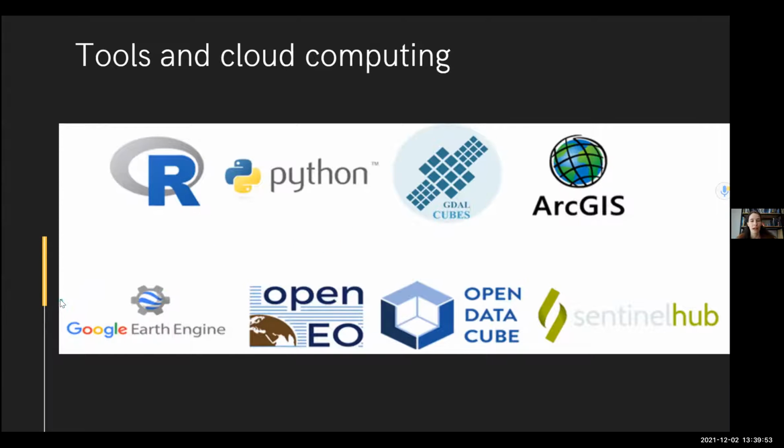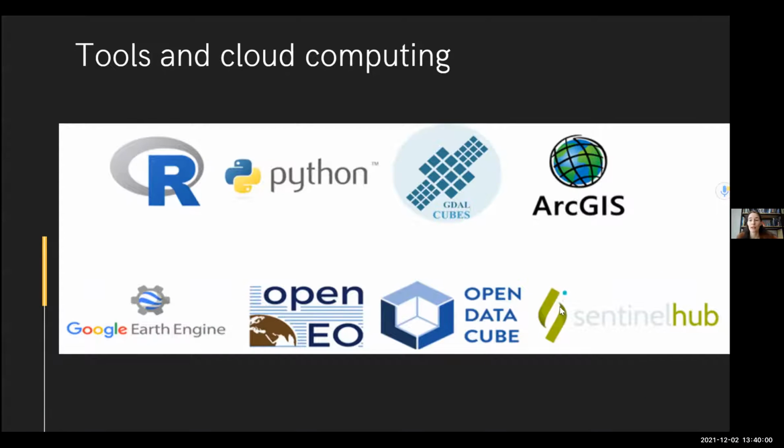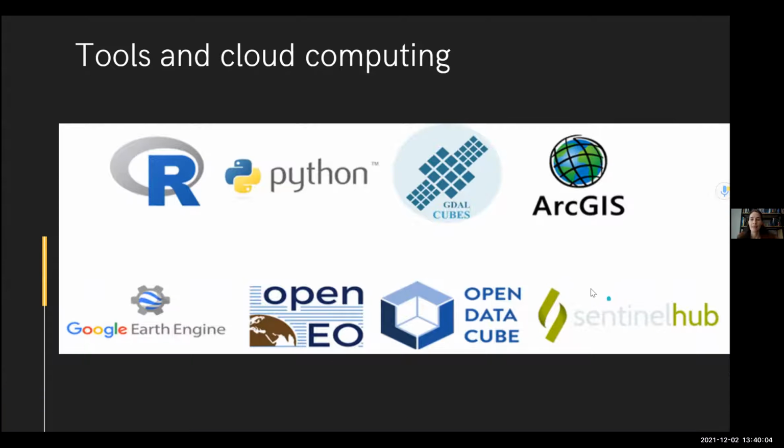And in the row below, we see different platforms. I already talked about Google Earth Engine. Also, I talked about Copernicus Hub, but we also have Sentinel Hub to access Sentinel images. And I want to talk about this initiative, Open EO. It's a European initiative, and they are trying to make something similar to Google Earth Engine, but for Europe.